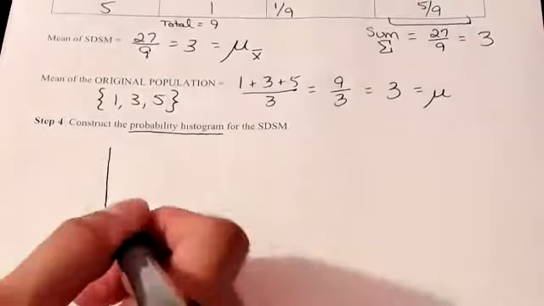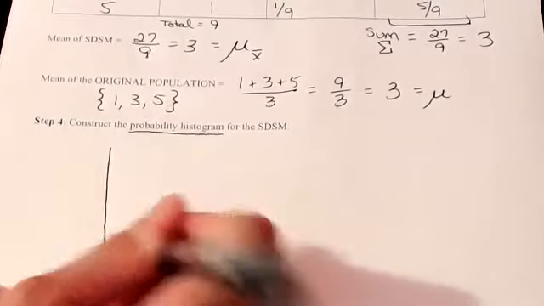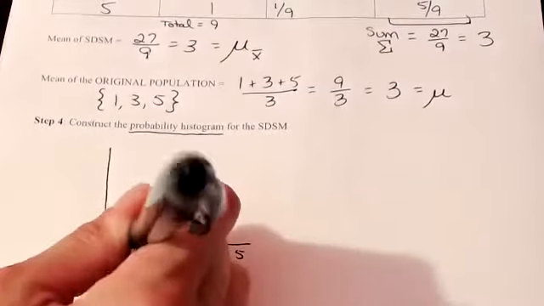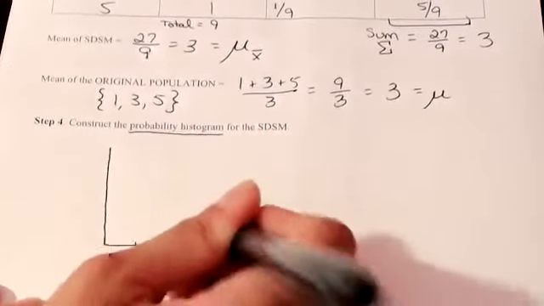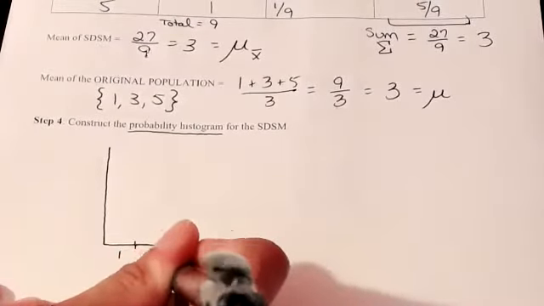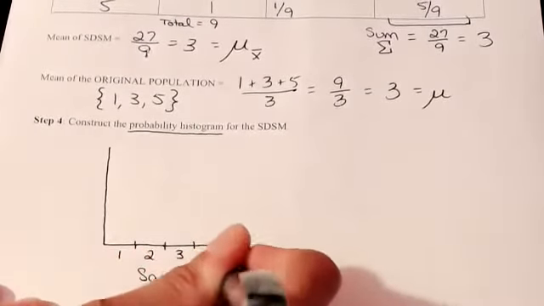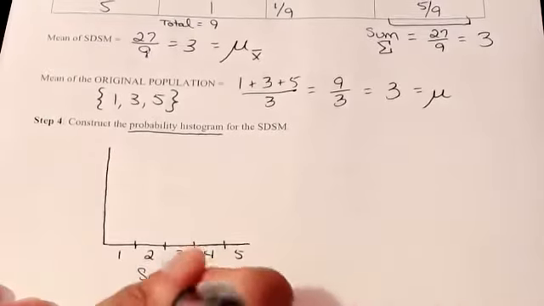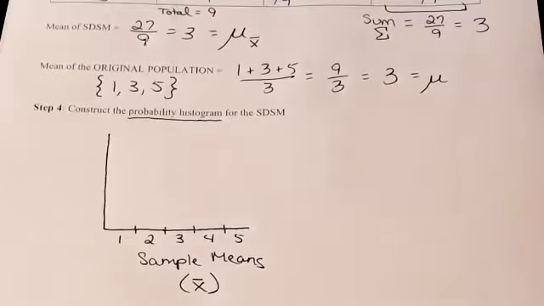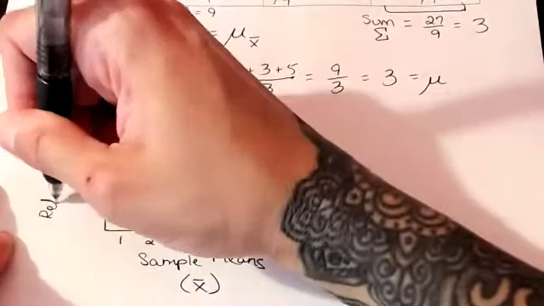So the values we found were 1, 2, 3, 4, and 5. I'm just going to separate these so that it's easier to work with. These are the sample means that we found, and because it's a sample, the notation is going to be X bar. We also know their respective relative frequencies.